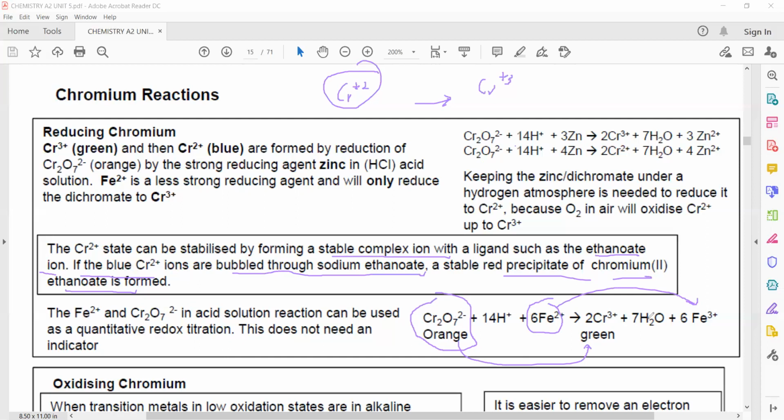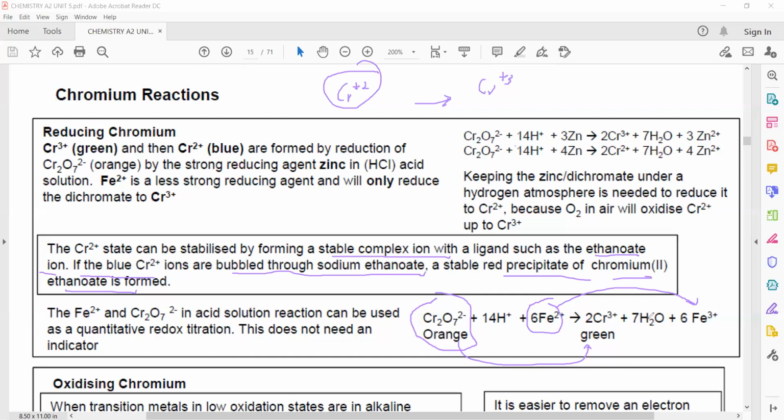Is it clear? How can we reduce chromium? We can reduce chromium to a lower oxidation state such as chromium +3 or chromium +2 if we use a strong reducing agent such as zinc in the presence of hydrochloric acid. But that lower oxidation number, chromium +2, is not common, so it will return back to chromium +3.